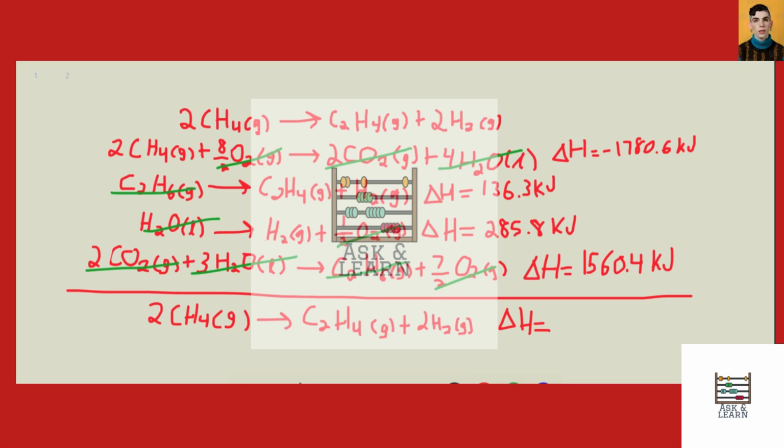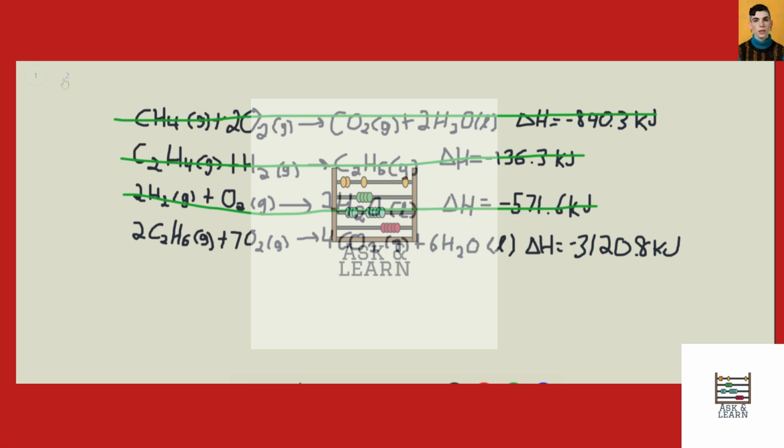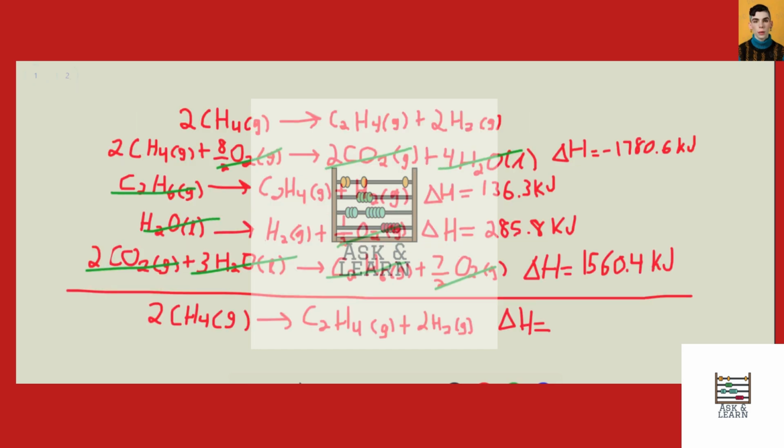So 136.3 plus 285.8 plus 1560.4, just make sure everything looks good, plus negative 1780.6. That is going to equal a positive 201.9 kilojoules.